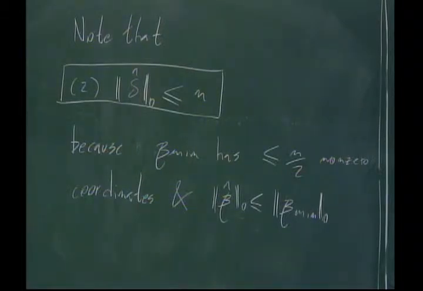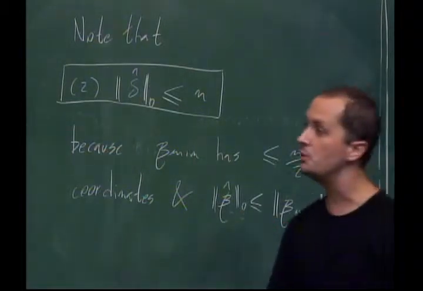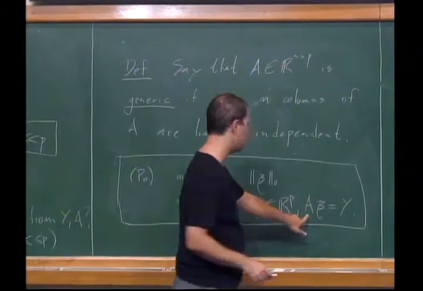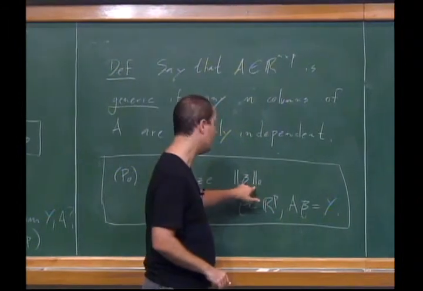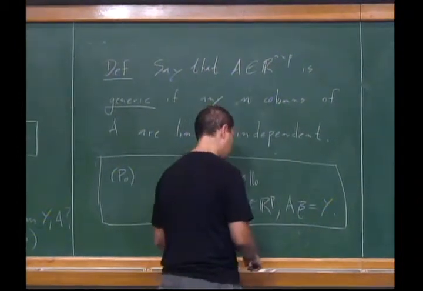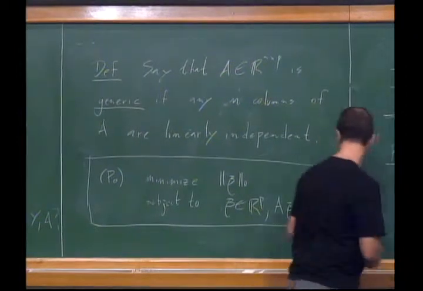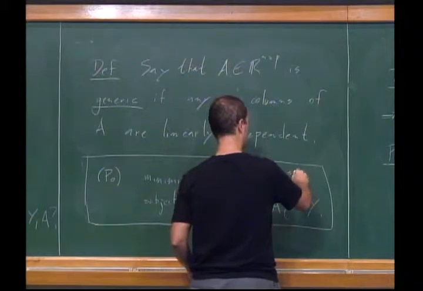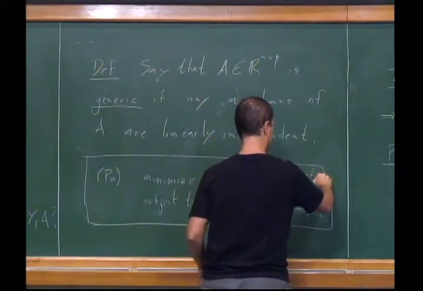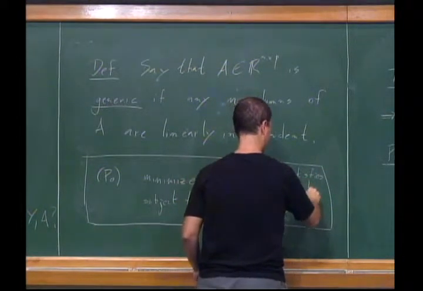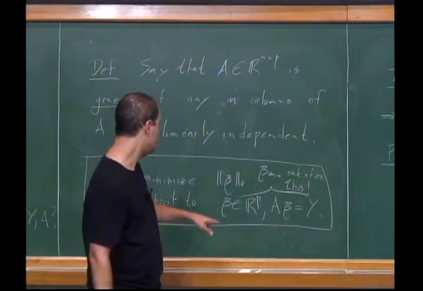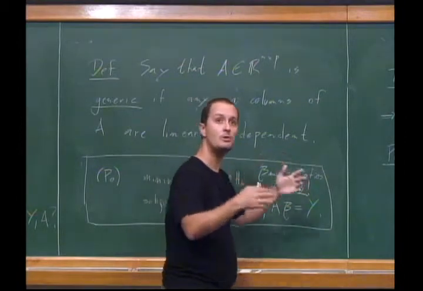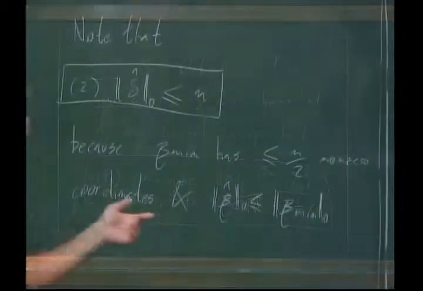Why do I have this? Well, how did we define beta hat? It's a solution to this problem. So you take all vectors that satisfy these two constraints and look for the one with the smallest L0 norm. And you can notice that beta min satisfies this. So we don't know what beta hat is, but we know that its L0 norm is at most the L0 norm of beta min.